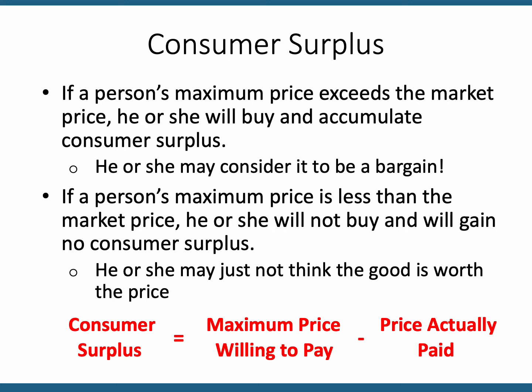So there were people that are willing to pay $1,000 for a new smartphone. If they're able to buy the smartphone for $700, then those buyers are experiencing $300 of consumer surplus, which is good for them. When there is consumer surplus, it's good for the consumer, it's bad for the seller. If you are the seller, you're trying to minimize the amount of consumer surplus.